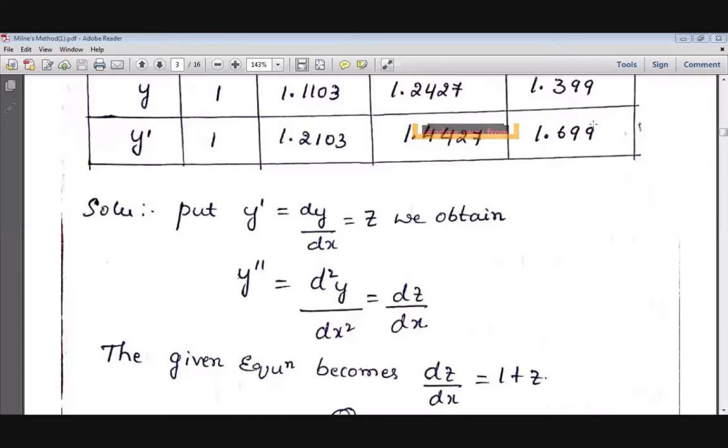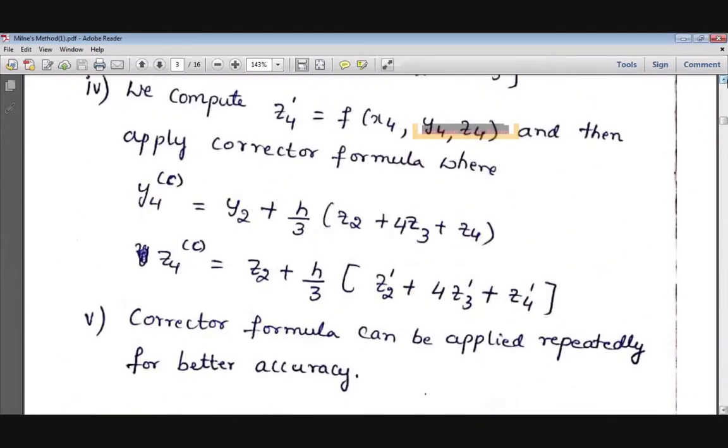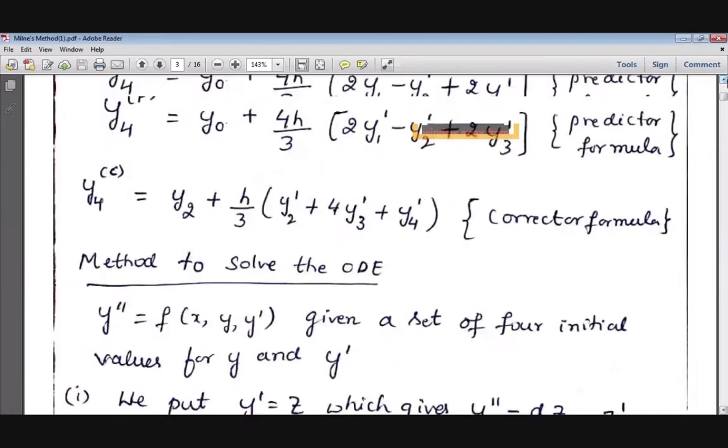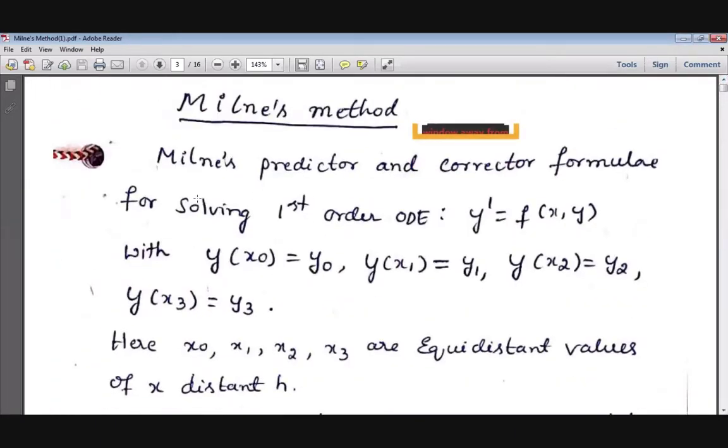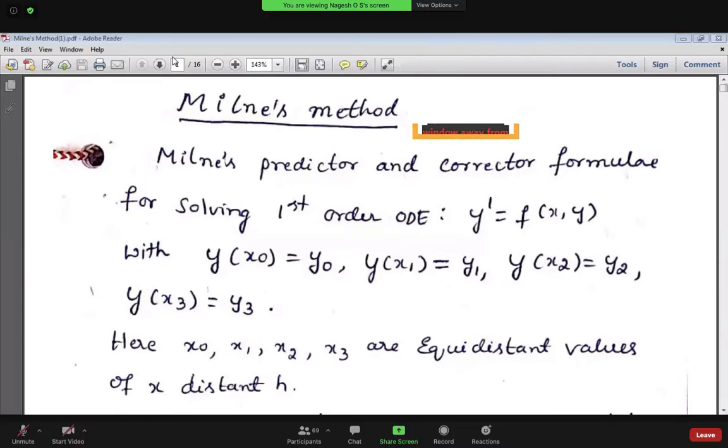Put y dash equal to dy by dx. Yesterday, before showing this question, I gave two problems, right? How many of them solved? I haven't shared the notes because I told you that you have to tell the answer, then I will share the notes.